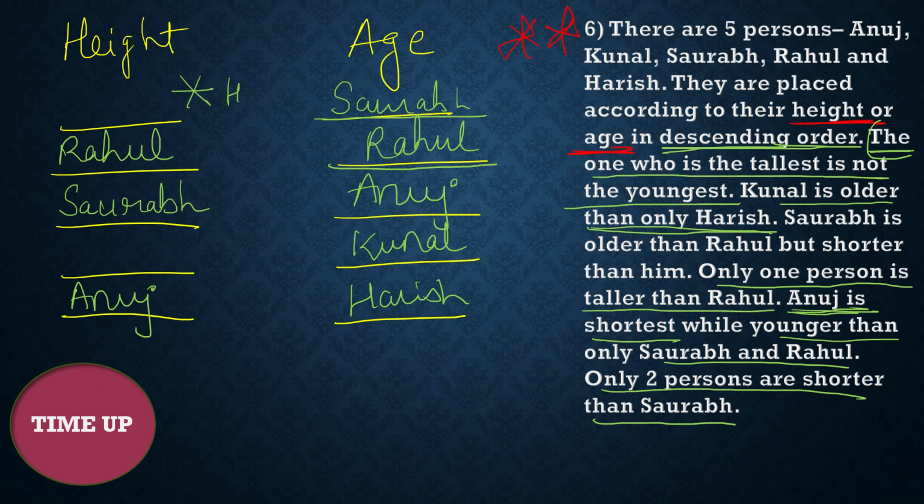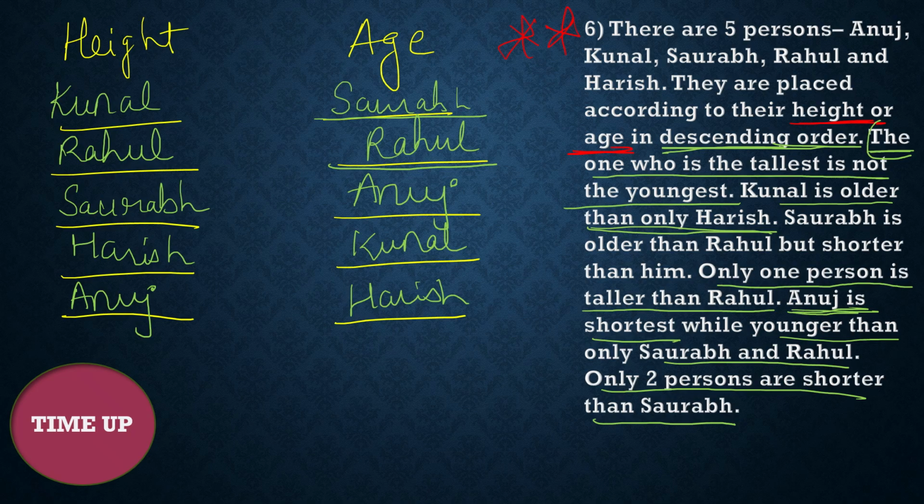Arrangement of age is done now. We will come to height. If Harish cannot be placed here, who is left? Kunal is left, so Kunal will be here and Harish will be here. That's it. Correct, right?